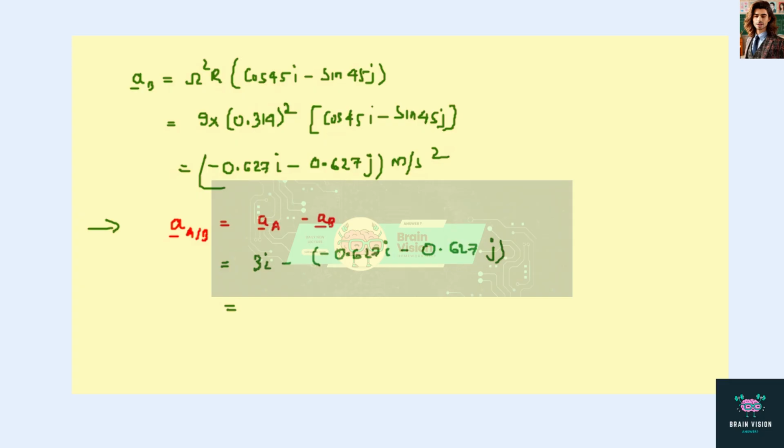So after solving this, we will get 3.627 i plus 0.627 j.